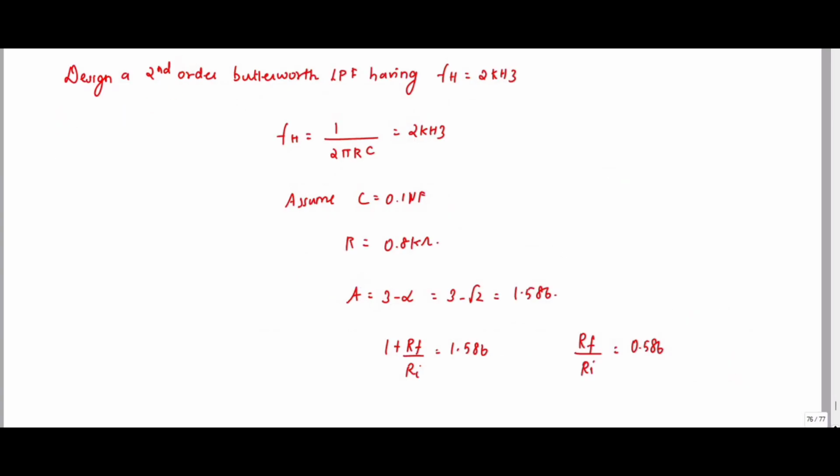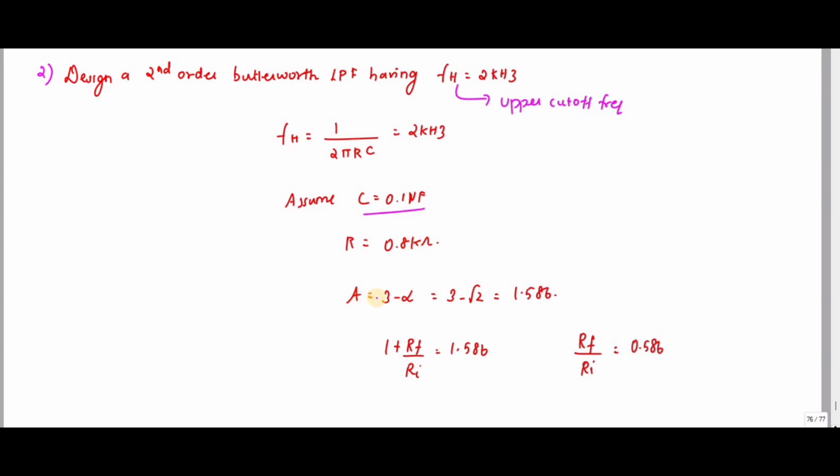Let me explain a problem based on this one. Design a second order Butterworth low pass filter having FH, that is the upper cutoff frequency, equal to 2 kilohertz. We know that FH is equal to 1 divided by 2 pi RC, that is equal to 2 kilohertz. If I assume C is equal to 0.1 microfarad, I will get R equal to 0.8 kilo.